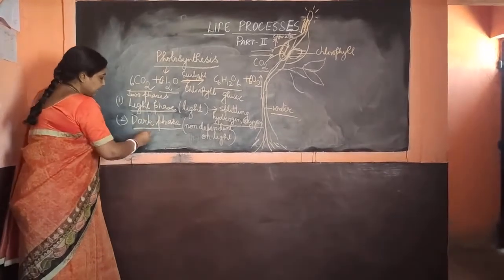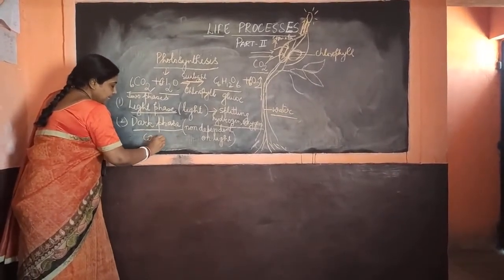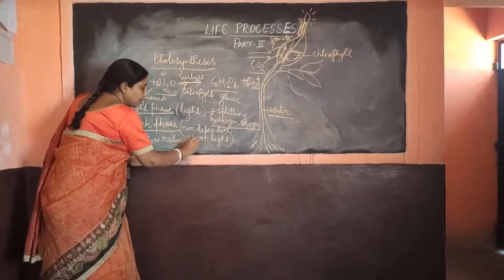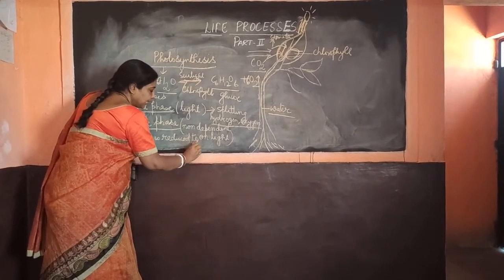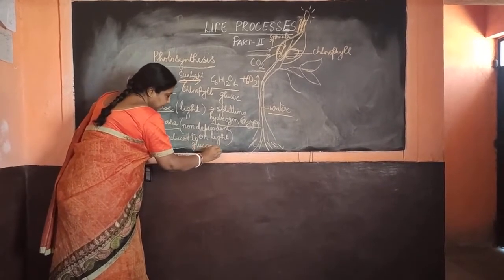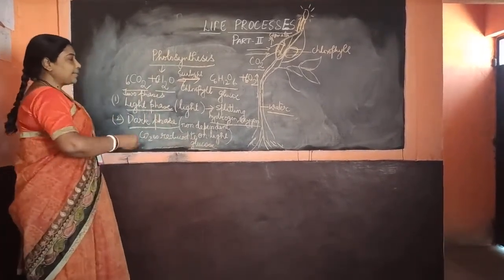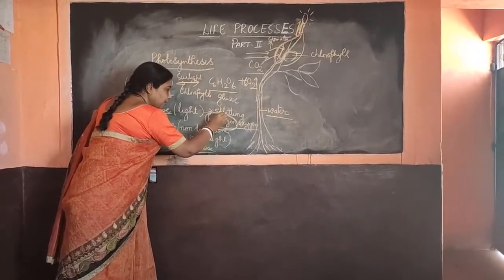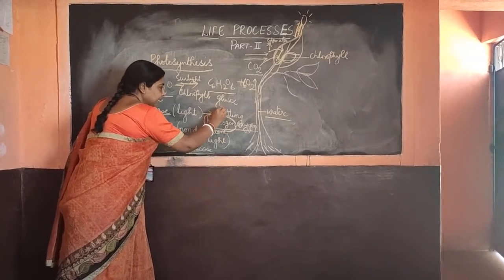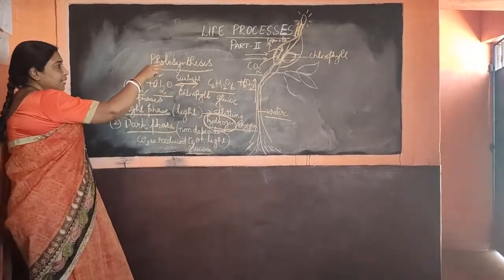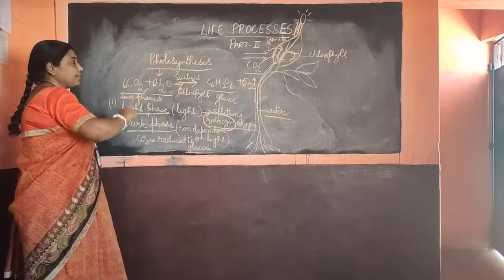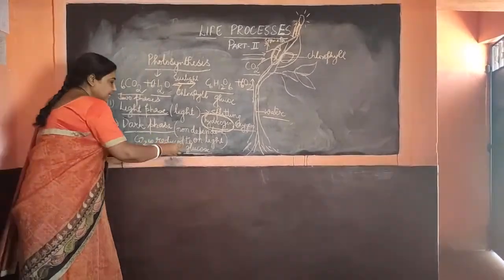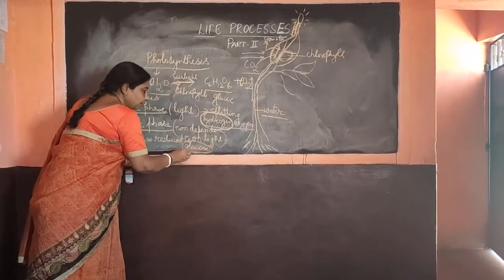And in the dark phase, so many reactions go on, and finally what happens? The carbon dioxide present is being reduced, meaning it is being converted to what? To glucose or carbohydrate. The hydrogen which was made available by the splitting of water came together along with carbon dioxide and resulted in the formation of glucose.